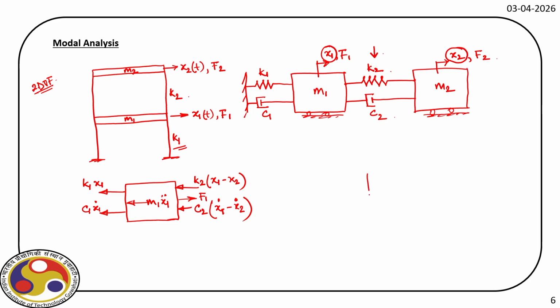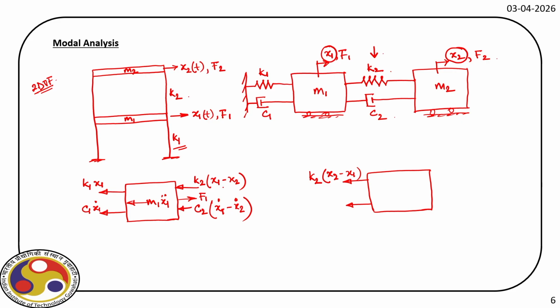Likewise, we can also draw the free body diagram for the second mass. Now, this mass has only one spring attached. So it is K2 times (x2 minus x1), because the net force must balance.